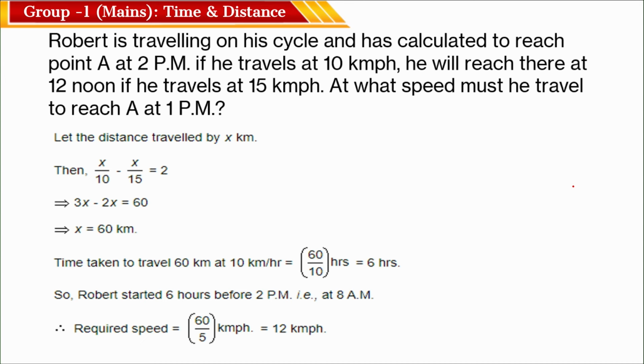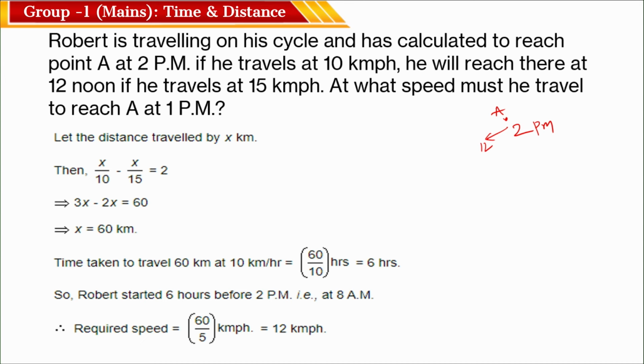Robert is travelling on his cycle, calculated to reach a point A. To reach this point, the time is 2 p.m. If he travels at 10 kilometers per hour, he will reach at 12 noon, meaning 2 hours earlier.